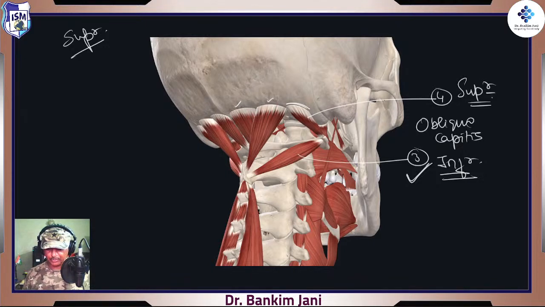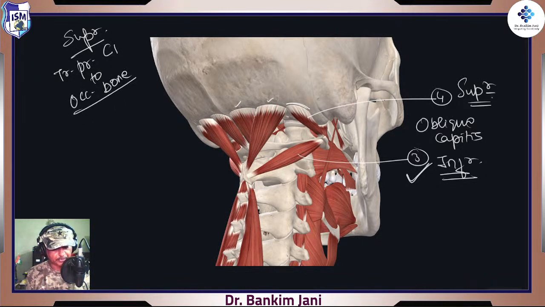But where is it going? It is going obliquely to the transverse process of C1, right? So from the transverse process of C1 to that occipital bone, to be very specific, inferior nuchal line lateralmost.